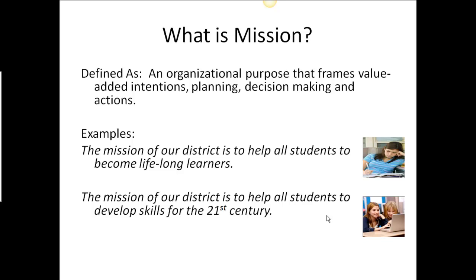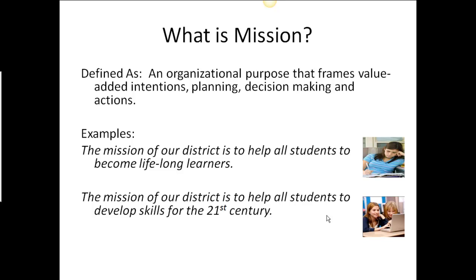So in terms of thinking about what this means as value-added thinking, what you would do is you would begin to connect any intentions, planning, decision-making, and actions by deciding whether or not those are value-added to the mission of your district. So, lifelong learning, what does that mean? How do I add value to that for my students?